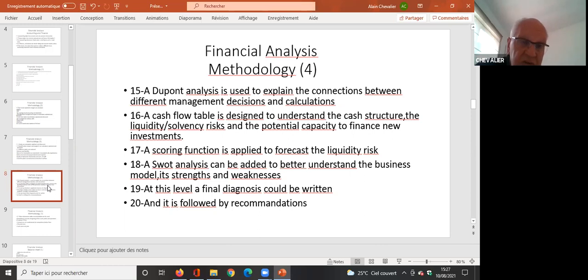Sometimes you just use my slides 1, 2, 3. In some other circumstances, you also use at least part of what is presented here on slide number 4.